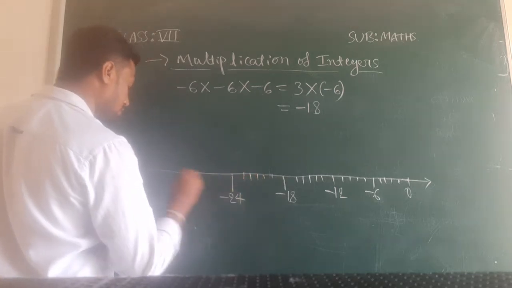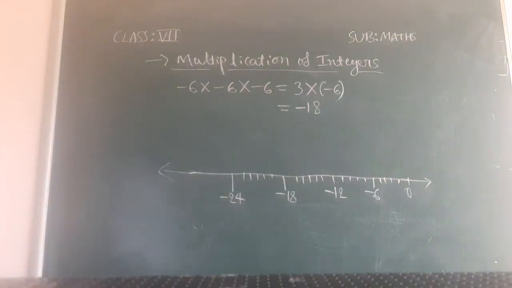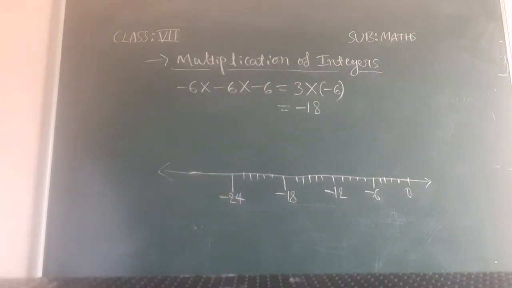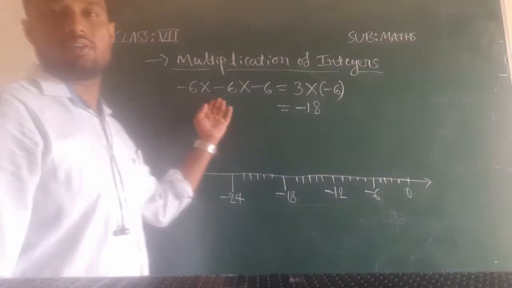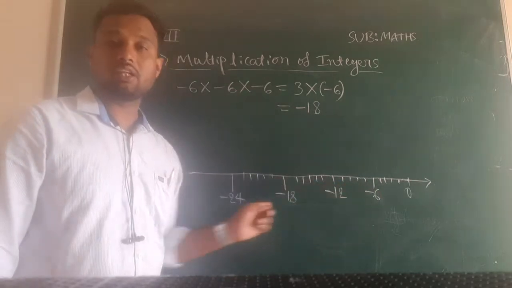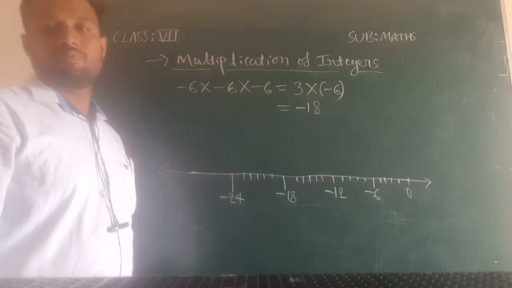Here you can observe that I have marked multiples of 6 only: 6, 12, 18, 24 in negative integers, because all these values are negative integers.